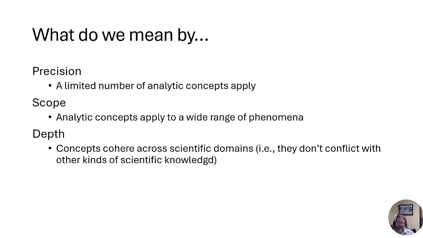So then there are a couple of terms in there. What do we mean by precision? By precision, what we mean is that only a few analytic concepts should be applicable in any given setting, right? So if I notice that Jack sings when his mom pays attention to him, and Jill sings if you give her cookies after she sings, I could start to have a lot of different concepts.